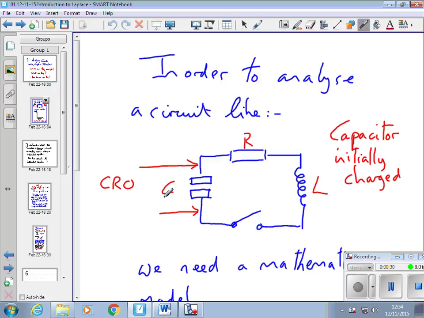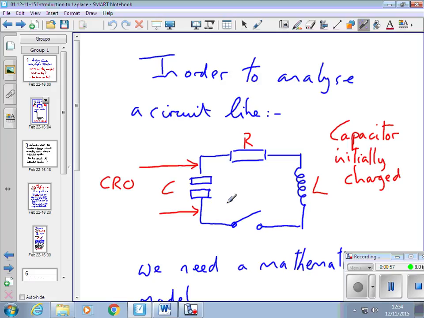Not what happens in a circuit like this if we have, initially anyway, a continuous AC supply connected to it. What we're interested in is what happens if we connect components like these, an inductor, or a resistor or a capacitor, to a step voltage, a DC voltage, so stepping up to 4 volts.